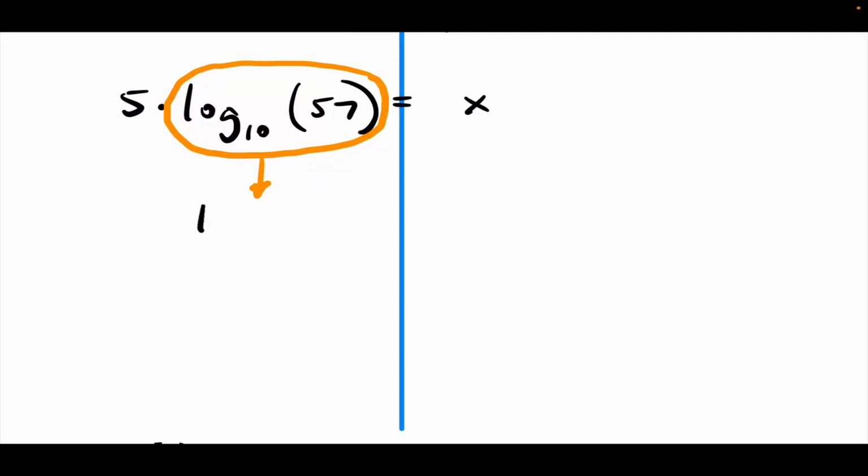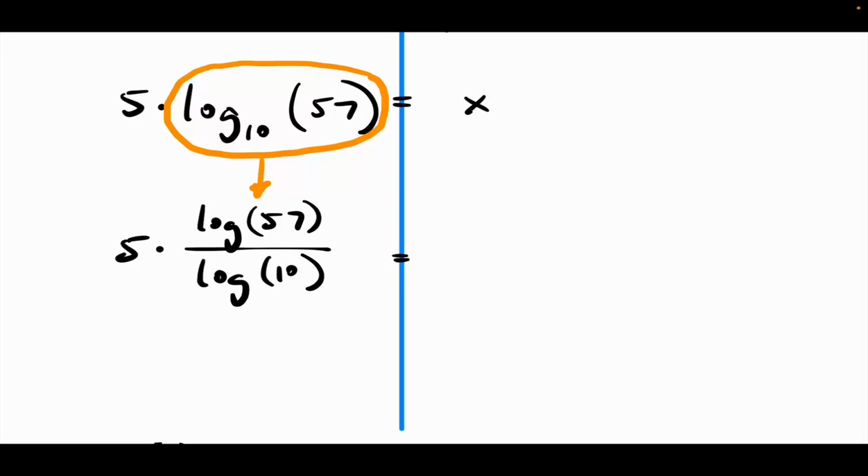So that part, I'm going to have to change to this for me to use my calculator. And then I have a 5 times in the front.